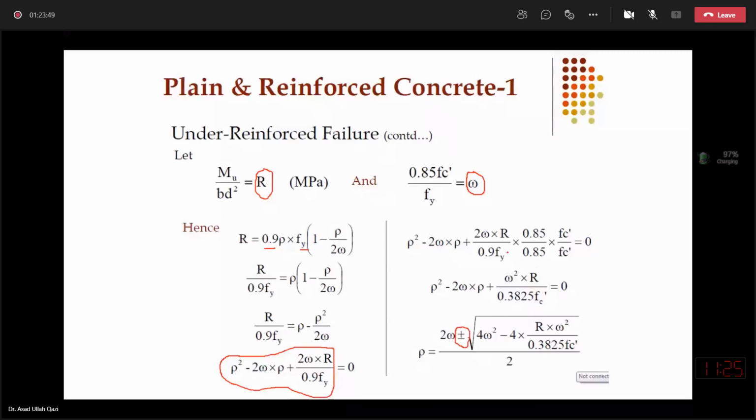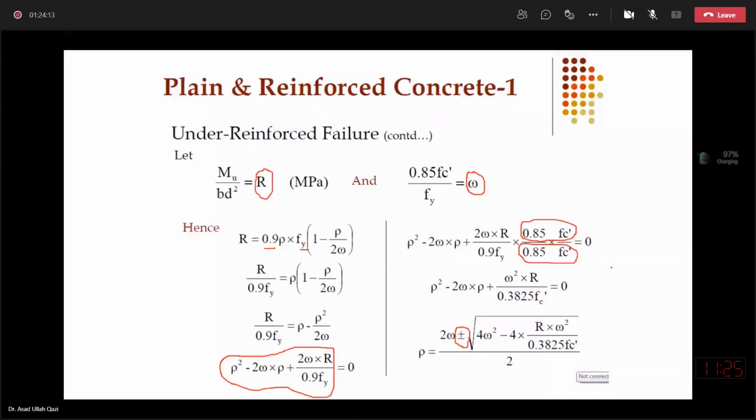So what is done here, it is 2 omega into R over 0.9 Fy, and along with that they are multiplying the equation and dividing the third component with 0.85 Fc prime over 0.85 Fc prime.